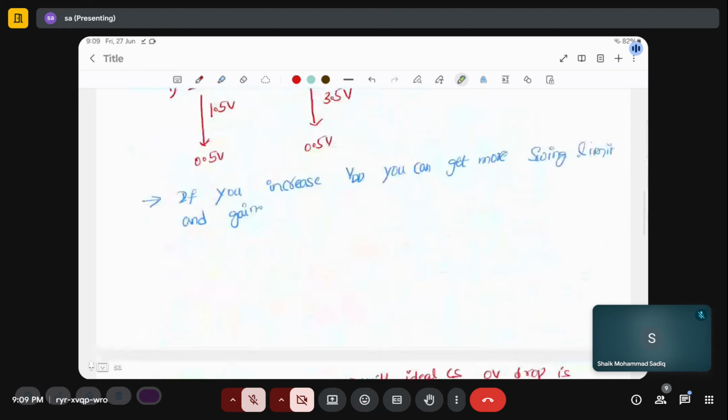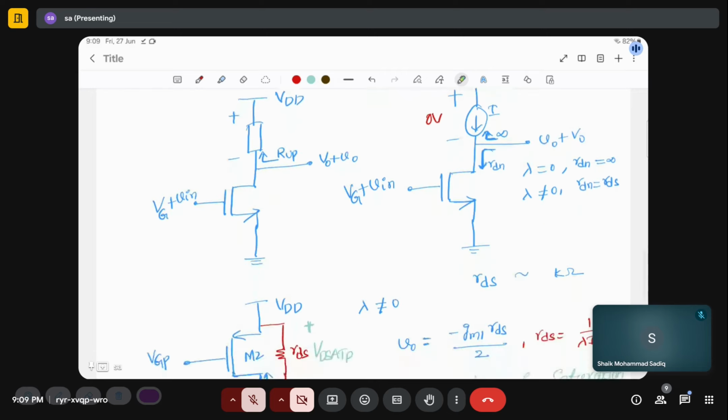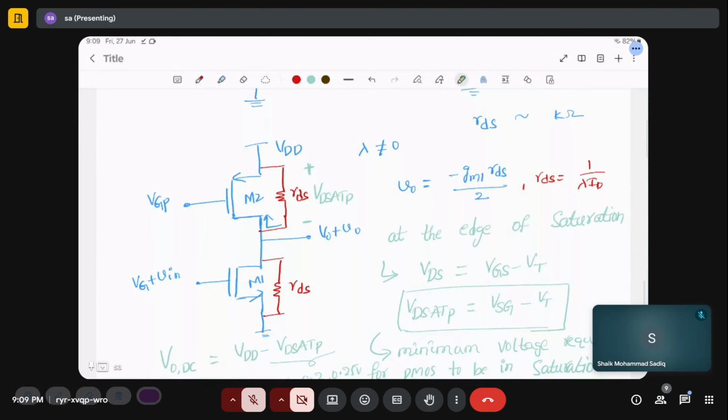For that, what we have done is we thought of using a current source. A current source can have a 0 volts drop across it and an output resistance of infinity. In practice, we will not have ideal sources, so we have to go towards the ideal: as low a voltage drop and as high a resistance as possible.